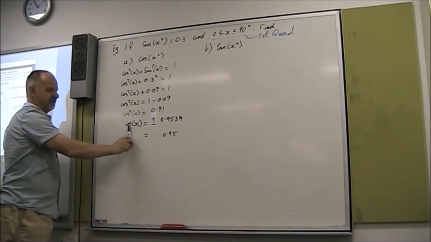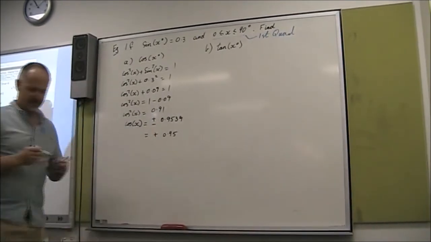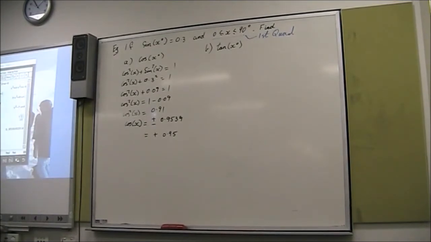So cos in the first quadrant is plus. Do you write the plus in front of it, or do you just say? No, you don't need to. I am just emphasising that it's positive because it's the first quadrant.